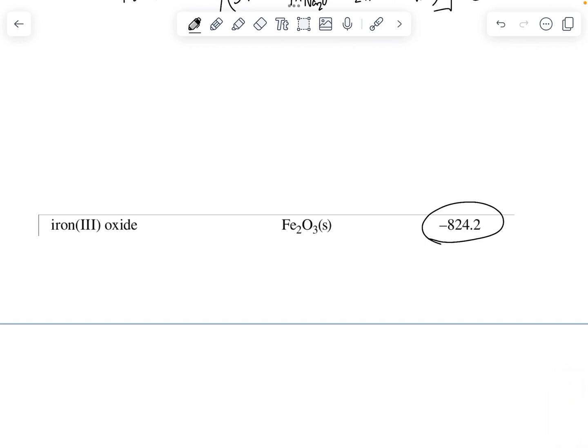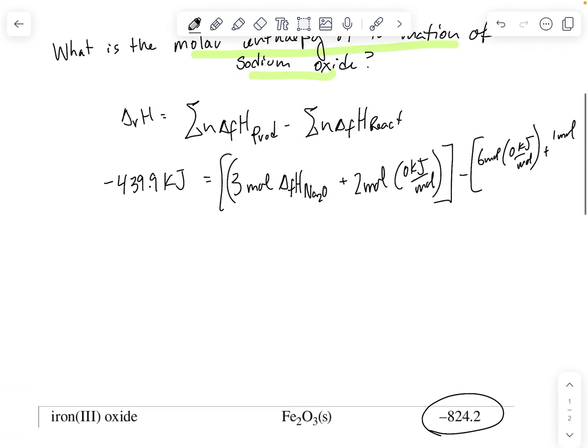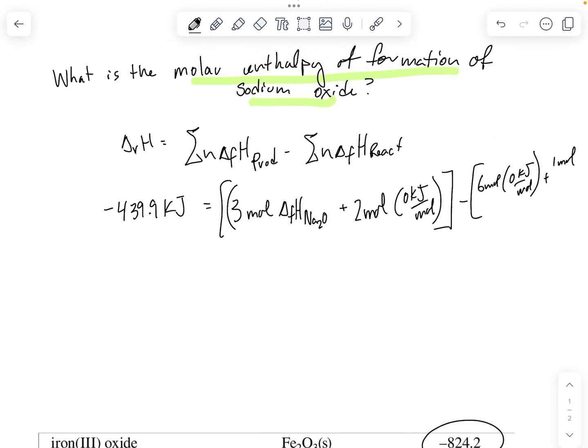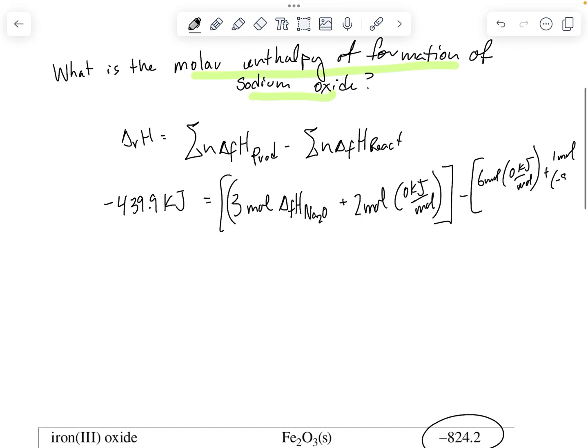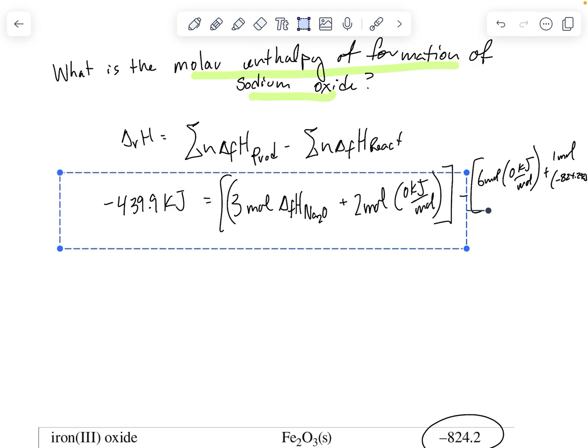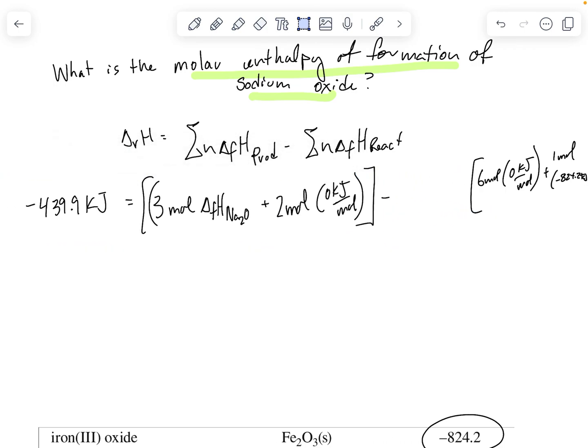So the molar enthalpy of formation for iron(III) oxide is negative 824.2, and I had to get that from my data booklet. So plus negative 824.2 kilojoule per mole. I probably should have just moved all of this over so that it doesn't get too squishy, so I'll just do that.